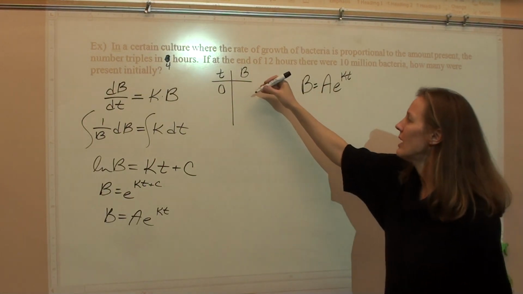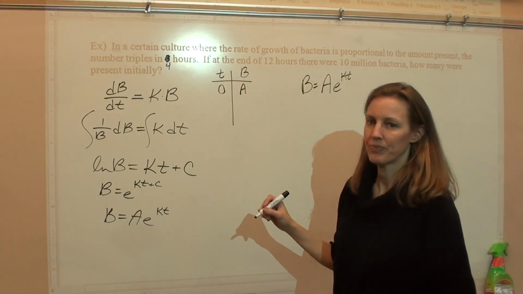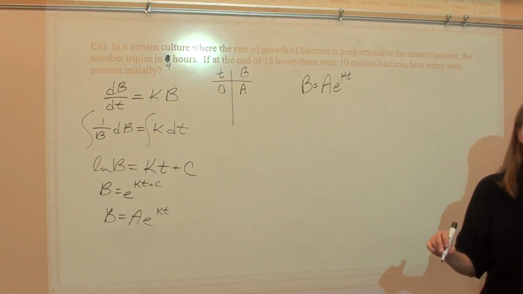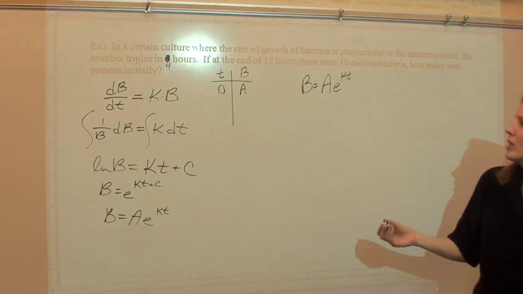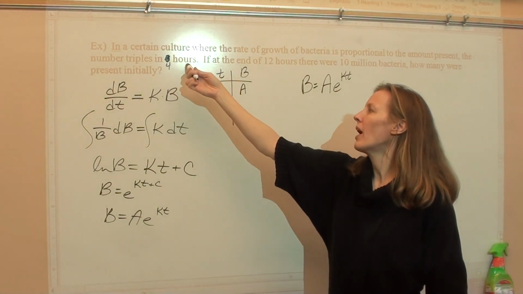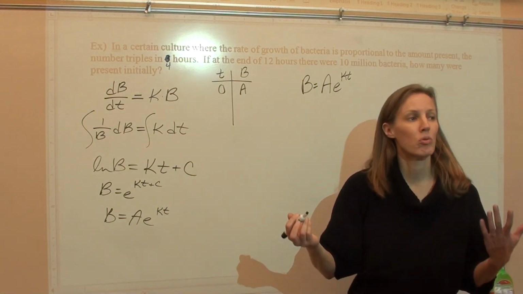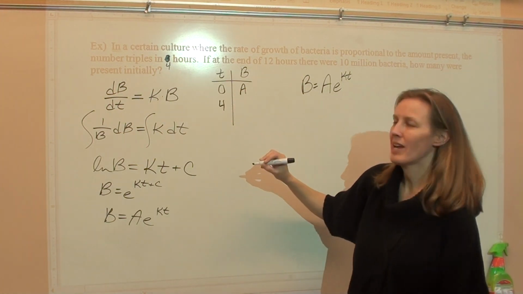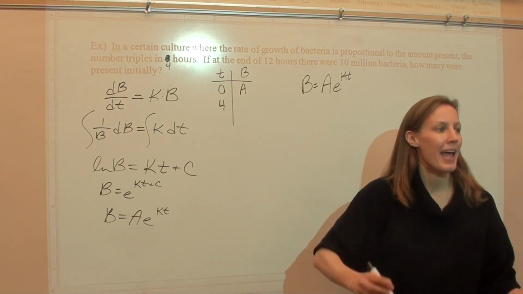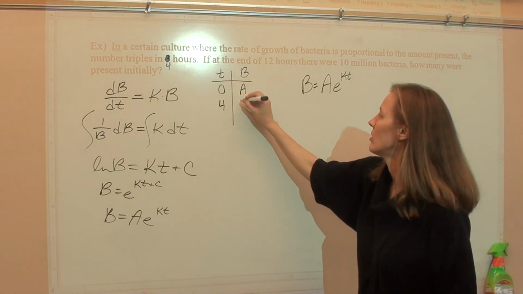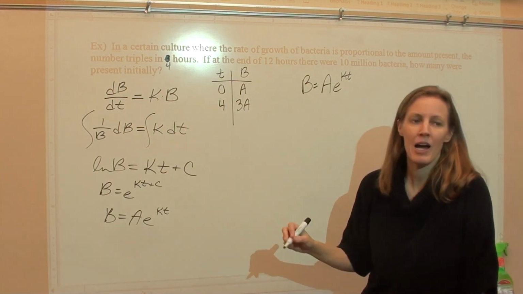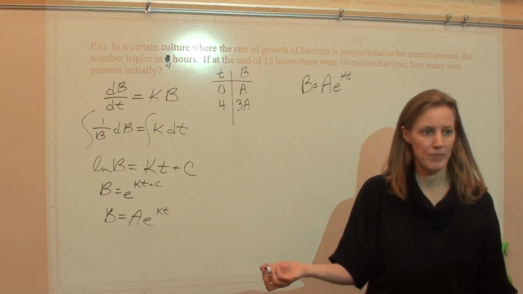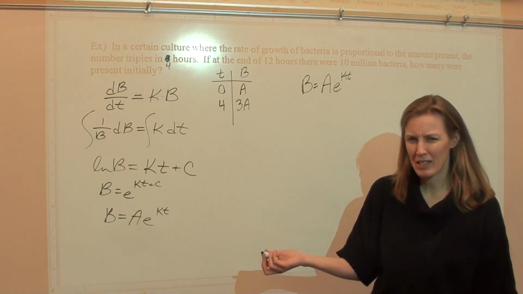A. Put an A there. The reason we want to do that is because in 4 hours the number triples. So when t equals 4, we're going to have 3A, 3 times whatever the initial amount was. Does that make sense?